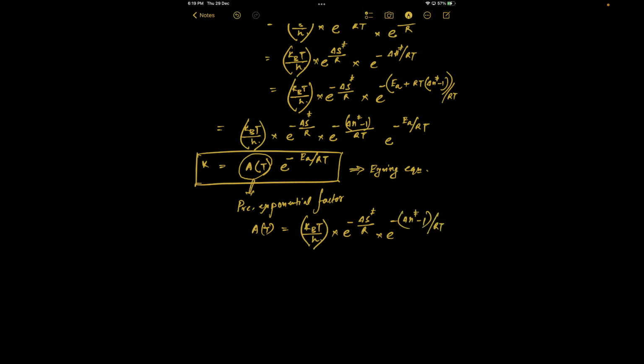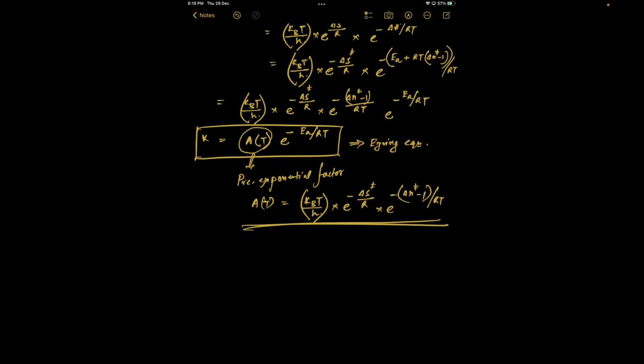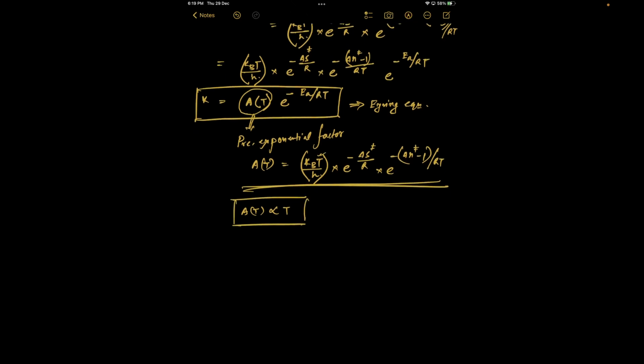So this is the particular form, and this is important. Often in numerical questions, people ask this expression to solve some maths. So here you can see the pre-exponential factor is temperature dependent and proportional to temperature. But in the Arrhenius equation, the pre-exponential factor is temperature independent, right? So this is the important form.